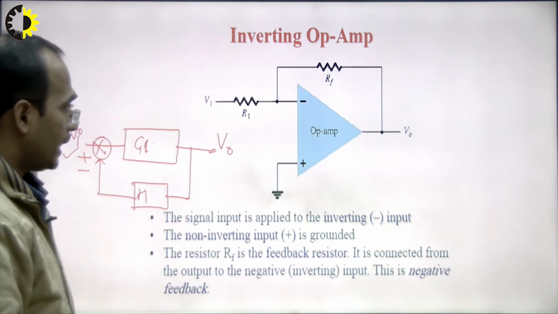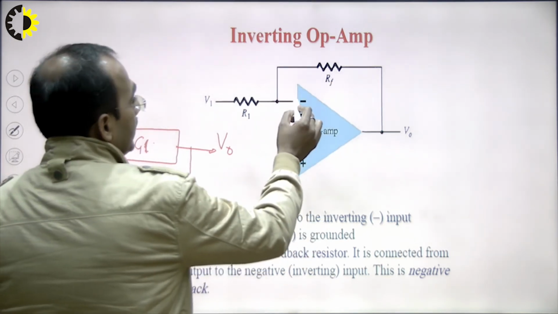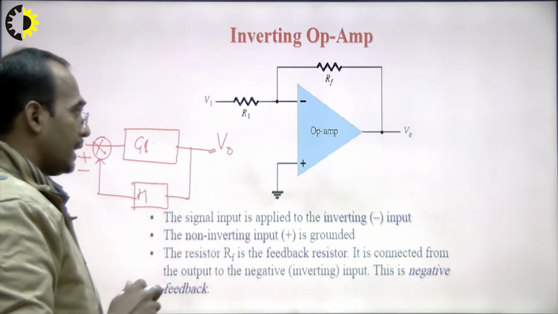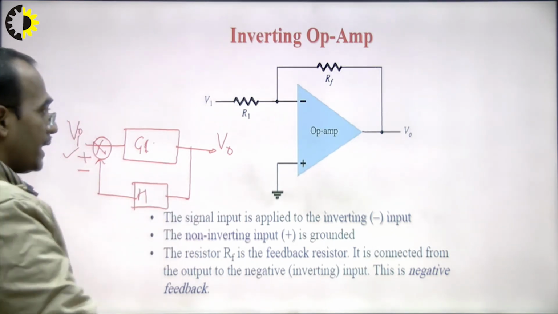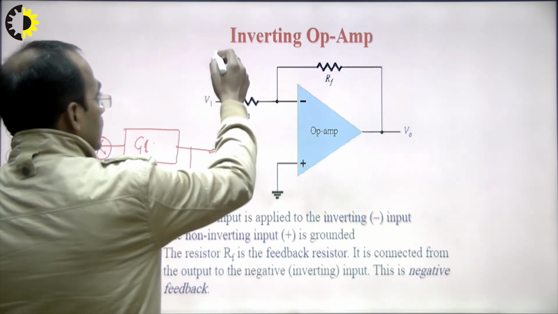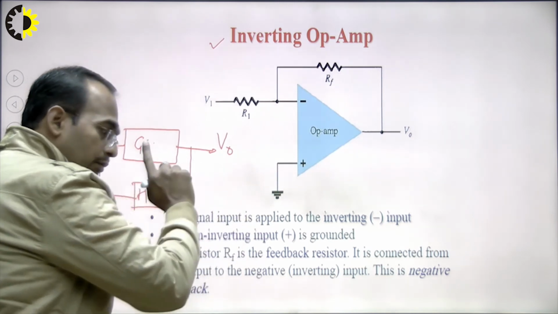So, here you can see that this output is connected to the input with negative feedback, and the input is applied to the negative terminal of the operational amplifier. So, this is an inverting operational amplifier, and the other, non-inverting terminal is grounded.